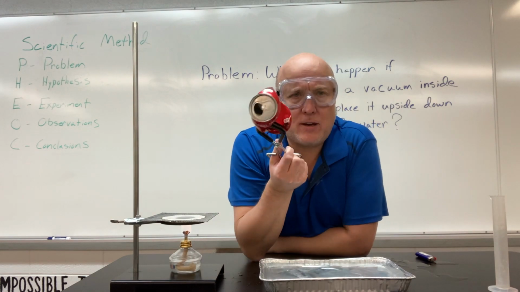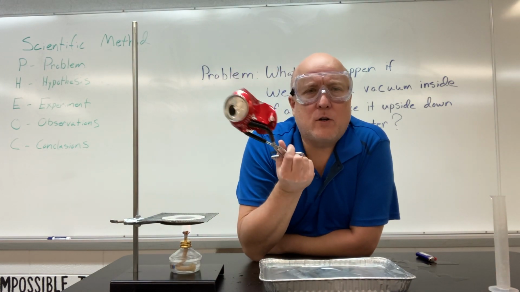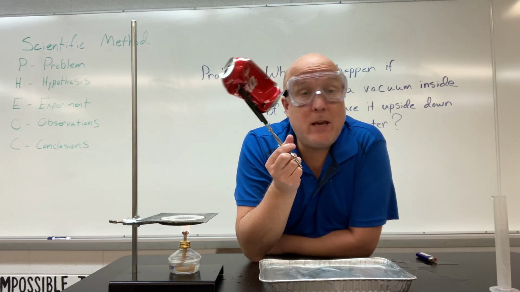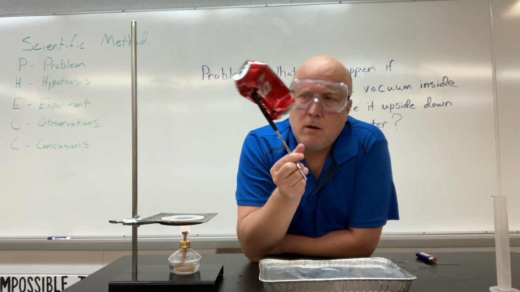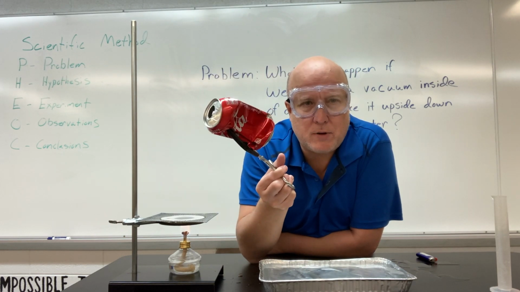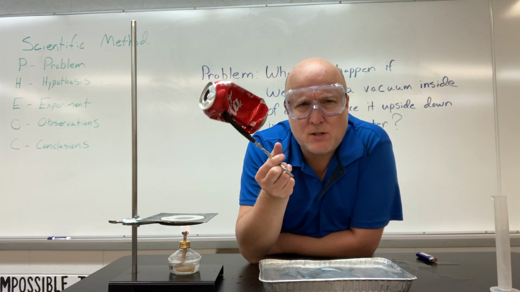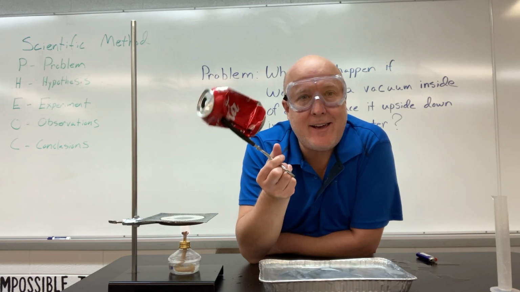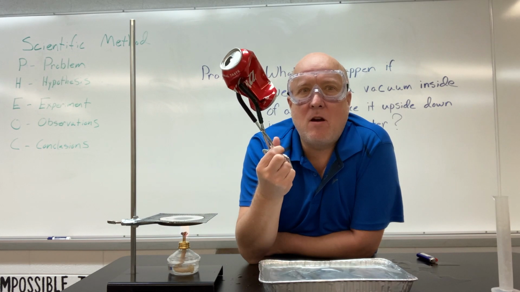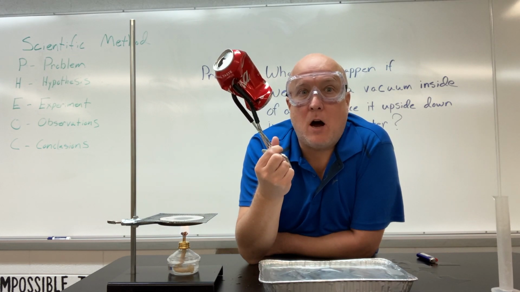It created a vacuum. The universe wants to be Goldilocks, balanced, just right, equilibrium. And when we created a vacuum inside of this Coca-Cola can, guess what happened? A bad situation for the universe. It didn't like it at all. It said, wait a second, we have a situation that is unbalanced.